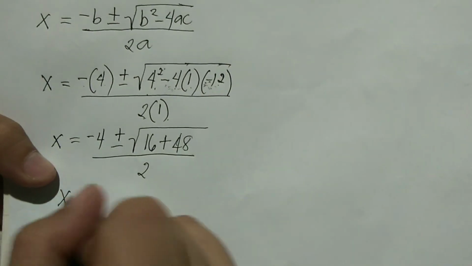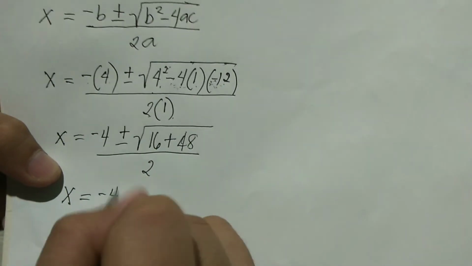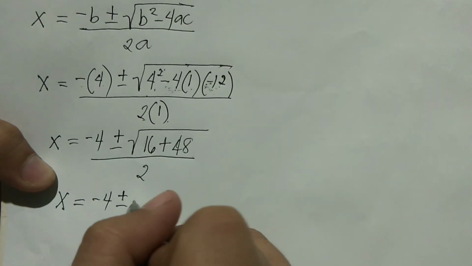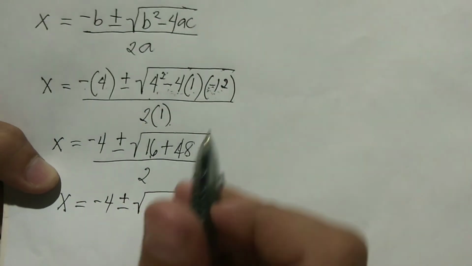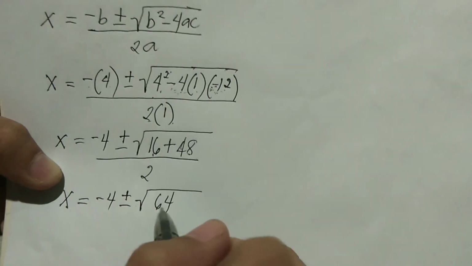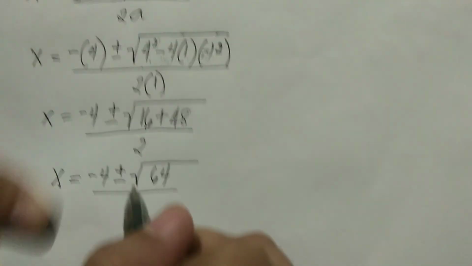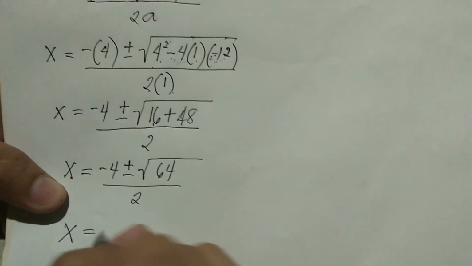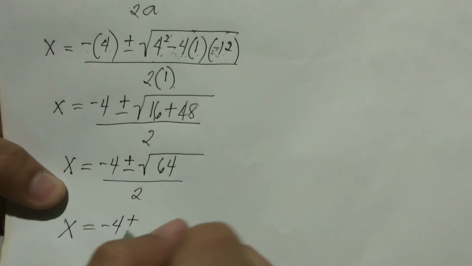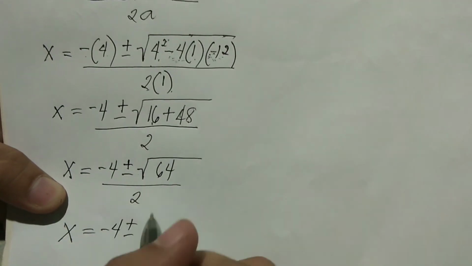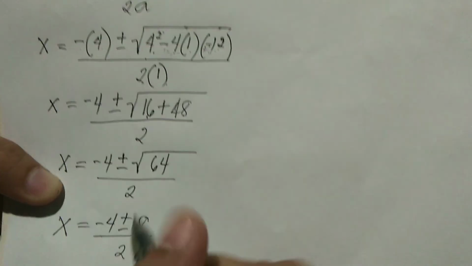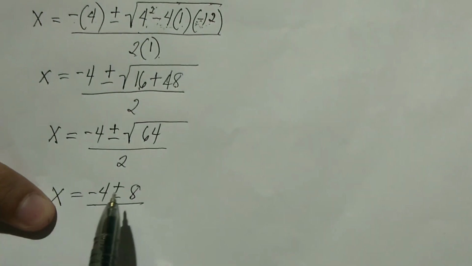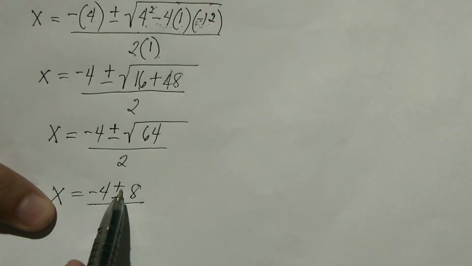Then, we have x is equal to negative 4 plus or minus the square root of 16 plus 48 is 64. Divided by 2. Then we have x is equal to negative 4 plus or minus the square root of 64 is 8 divided by 2. And then paghiwalay na po natin yung positive tsaka negative.